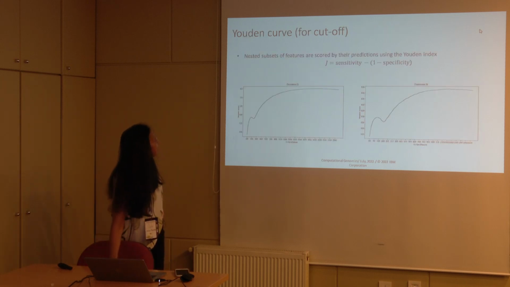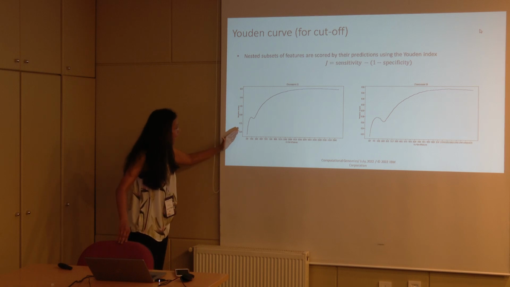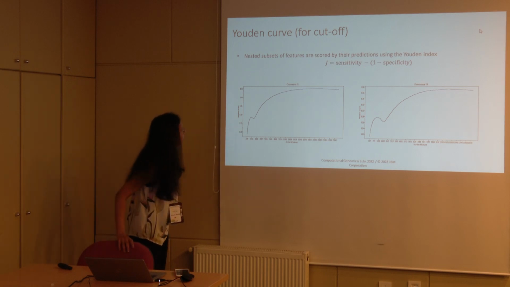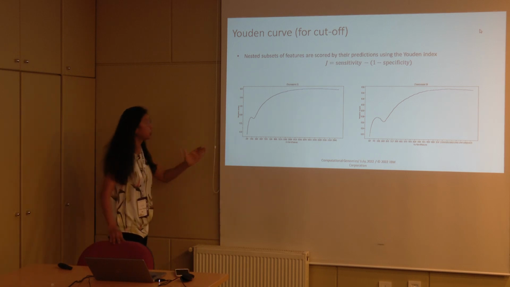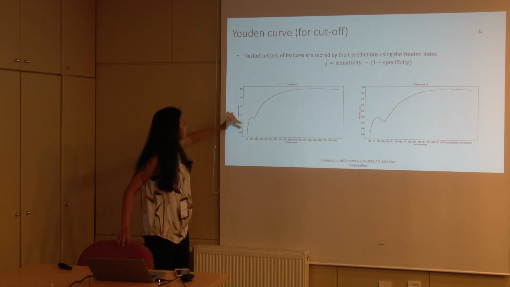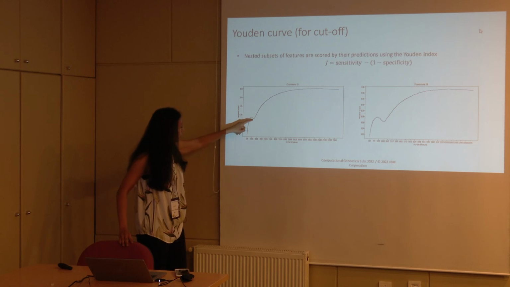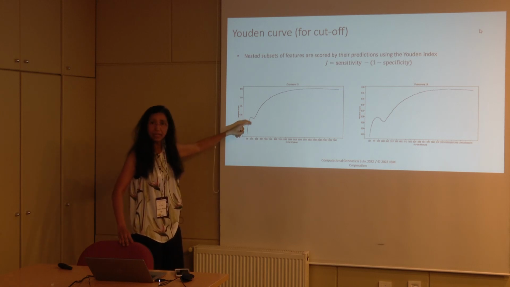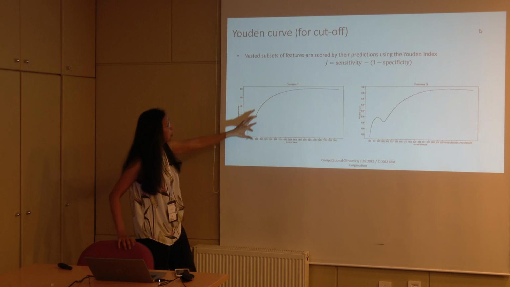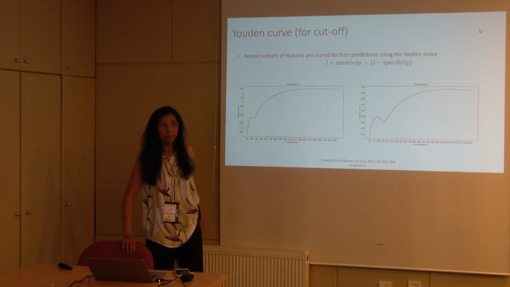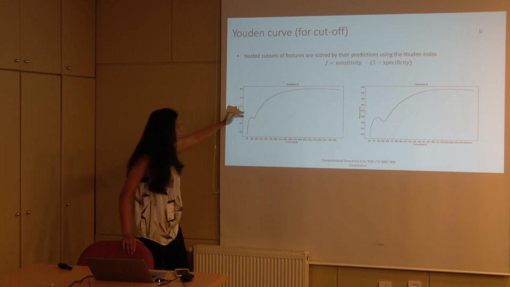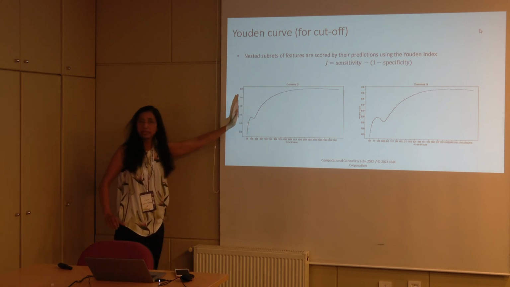So as you increase the number of features, you can see that the performance is improving. It keeps going up, but then you get what we call a bee's knee here, and we see that for the two chromosomes, 11 and 19. At those bee's knees is where we stopped and said, OK, these are the features.